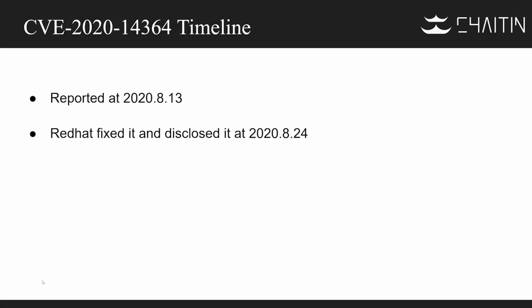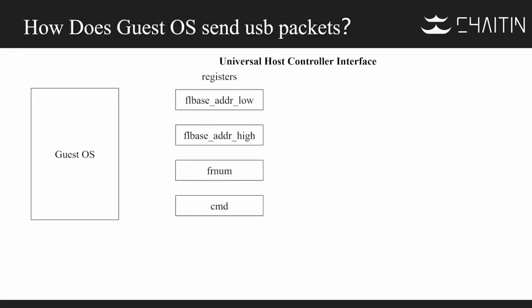Before analyzing the cause of it, we need to learn how USB packets transfer from the guest OS to QEMU first. Let's take UHCI as an example. The driver in the guest OS will send USB packets by writing 4 registers of UHCI, including FL base address low, FL base address high, FR number, and command.